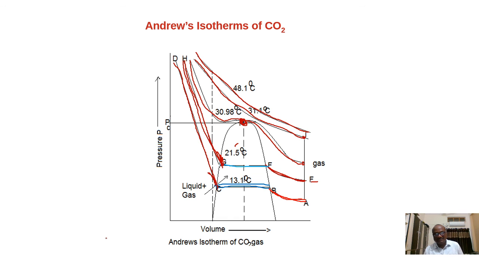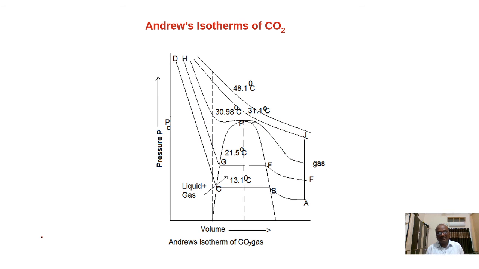At critical temperature, the liquid and gas will have the same physical properties like vapor pressure or temperature. Okay, so the critical temperature of CO2 is 30.98 degrees centigrade. Every gas will have its own characteristic critical temperature.